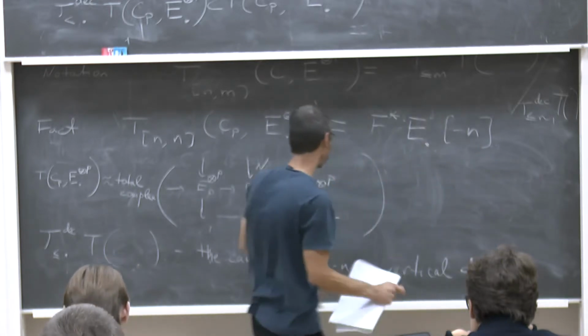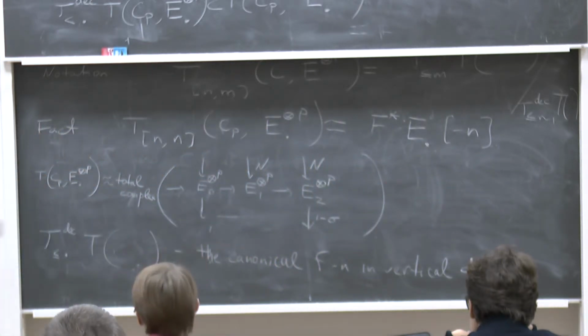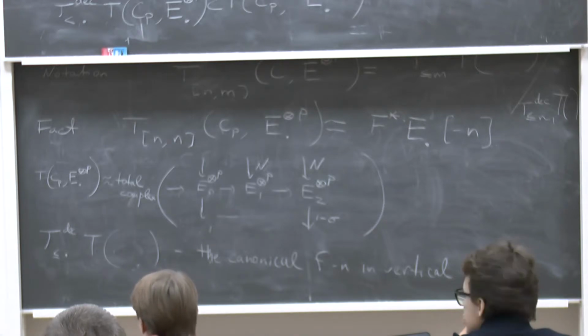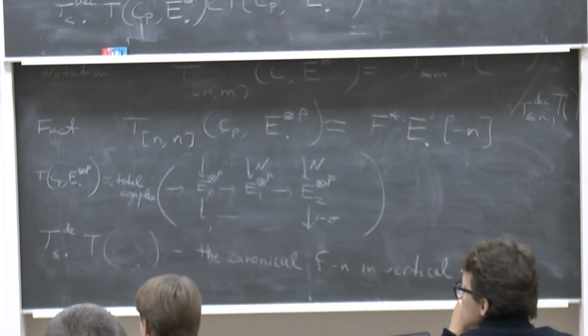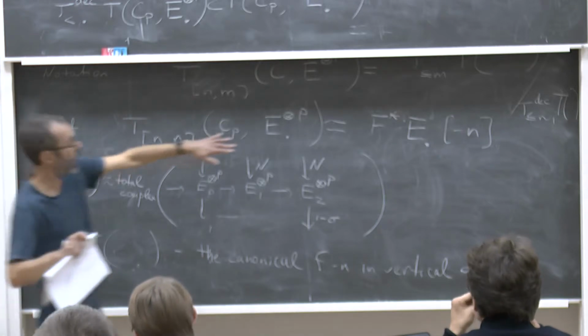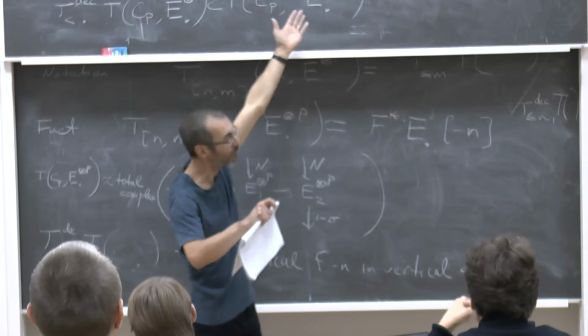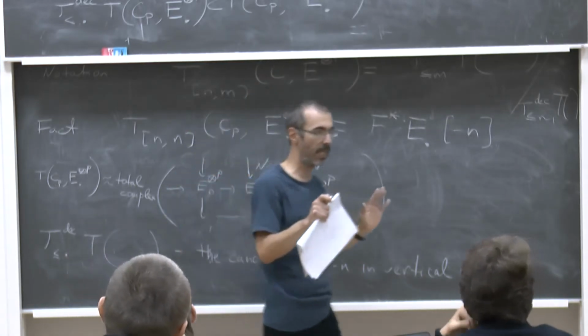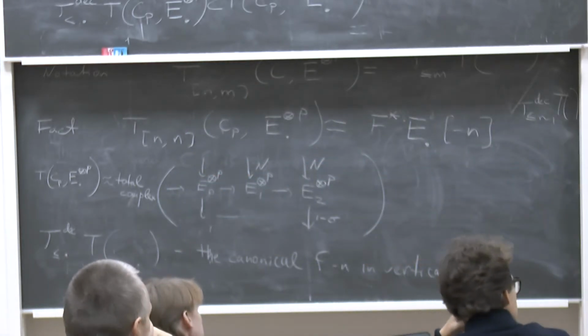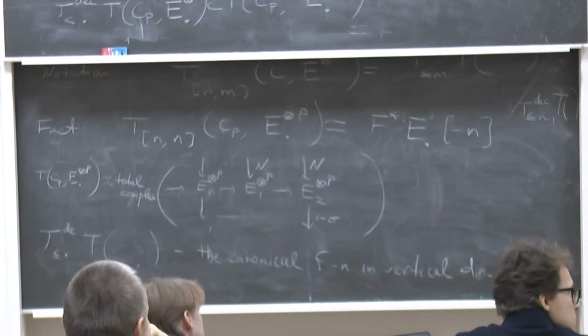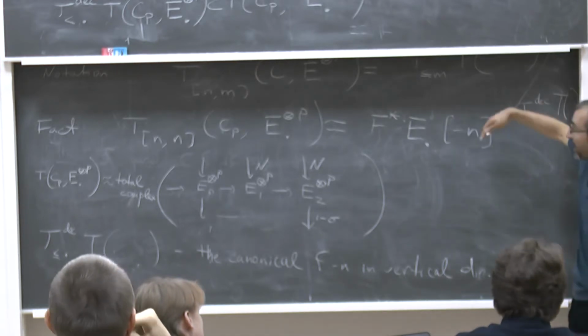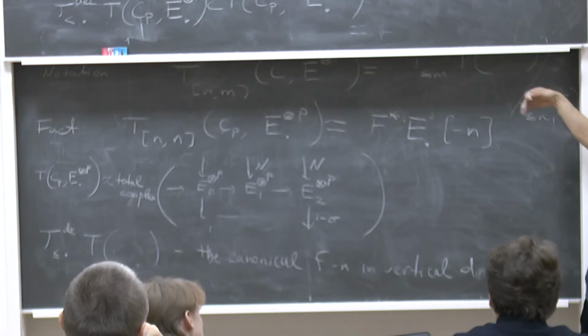So the moral of this is that you have these very simple functors, and you somehow take an extension, you get a triangulated functor, as I said. But what I didn't quite explain is that these extensions are not really DG functors.